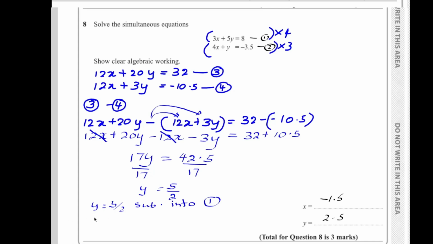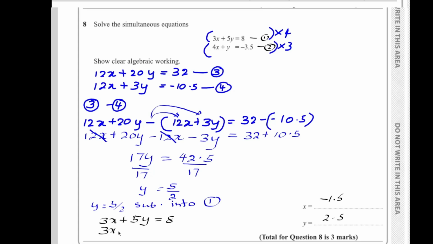First equation is 3x plus 5y equals 8. Wherever you get y, you have to replace it with 5/2 there.